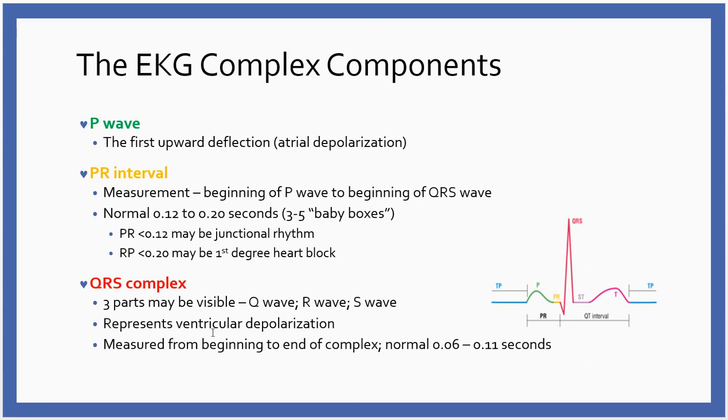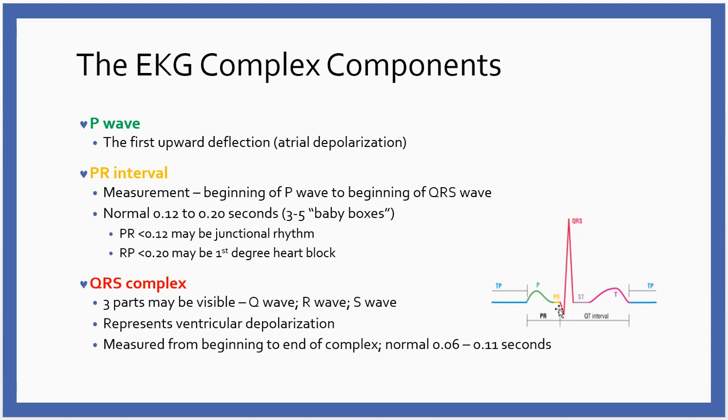Now, we look at the QRS complex, and we're going to look through the strip, and we're going to make sure that we have a QRS complex all the way through, and that all of the QRS complexes we see look the same. And then we're going to do another measurement. And so the measurement is going to be from the beginning of the QRS complex to the end, because we want to see how long it took that wave of energy to travel through the ventricles.